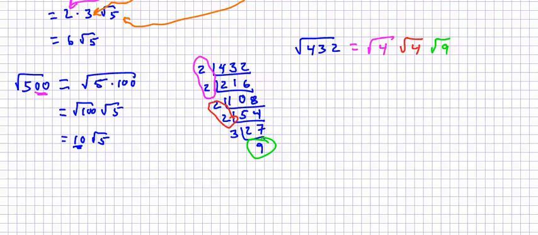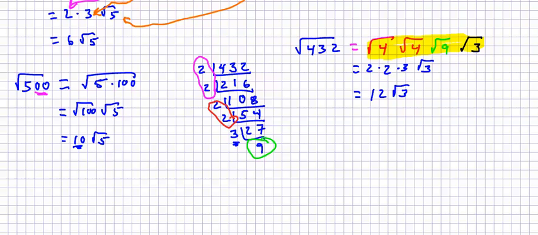And what's left, I need a color that I haven't used. We'll go with the blue again. What's left is that lonely 3, this guy right here. So we have 2 square root of 4. Square root of 4 is 2. Square root of 9 is 3. Radical 3. Or 12 radical 3, or 12 times the square root of 3. Now, this step right here that I'm highlighting in yellow, we could have completely bypassed.